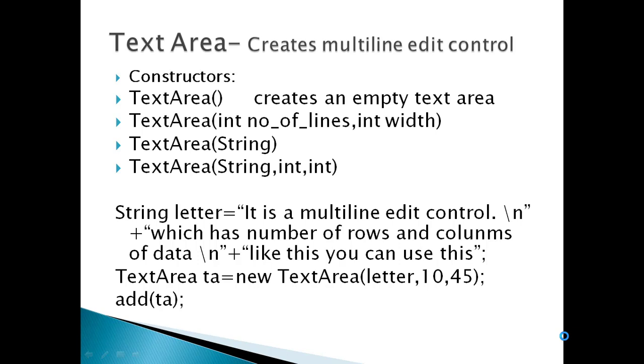After that creation we need to add this to a window by using the window's add method, add(ta). This adds the text area to our window, our form. Like this we can use the text area.